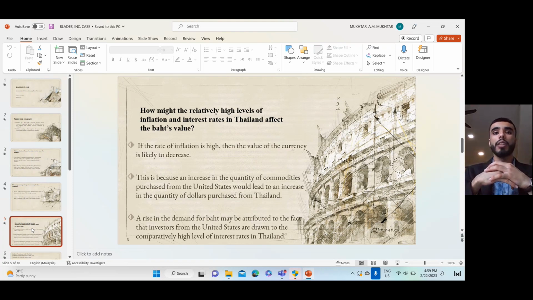And then one of the other reasons is that the rise in demand for baht may be attributed to the fact that investors from the United States are drawn to the competitive high level of interest rate in Thailand. So we have investors from the USA investing in Thailand since the Thai government imposed high interest rates, or banks are making high interest rates.